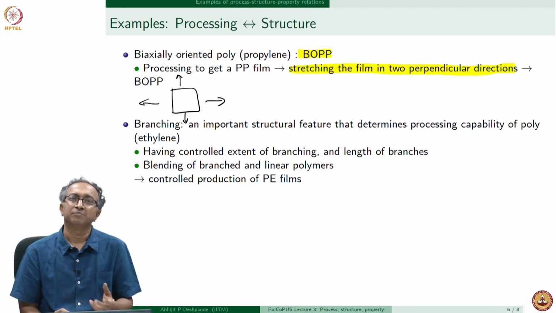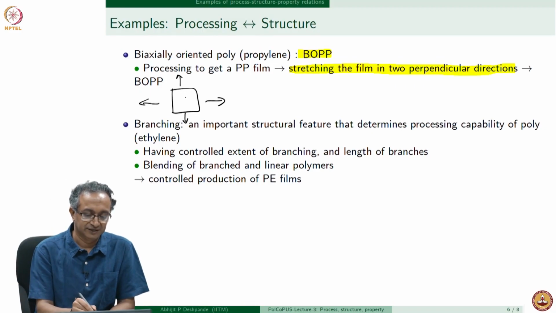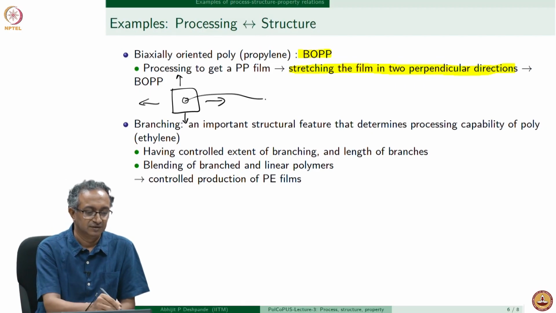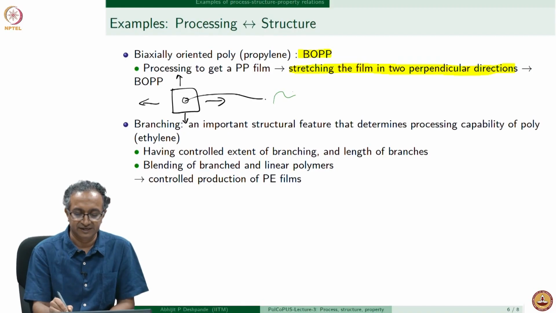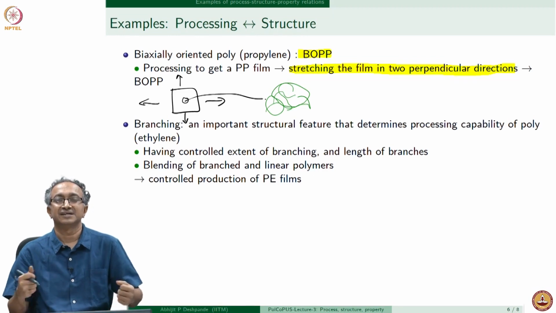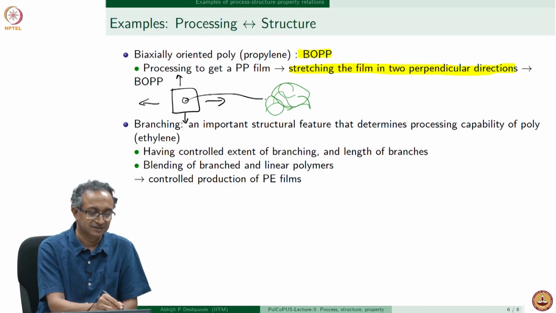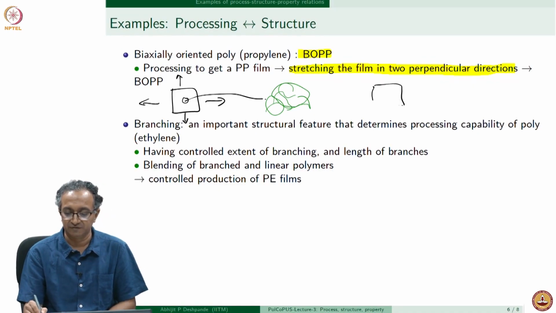So what can happen during such a stretching operation? Remember that if I zoom in to this, what I might have is basically the macromolecules that I have talked about so far. Now what happens to these macromolecules when they are getting stretched in two perpendicular directions? How is this different compared to if I take a film of the same polypropylene but stretch it only in one direction?